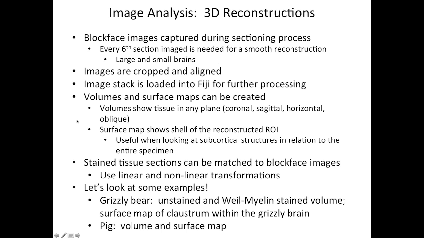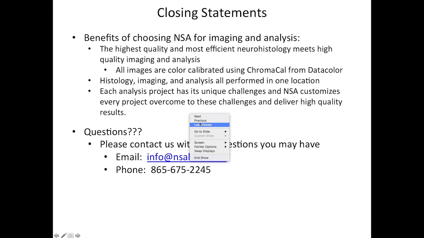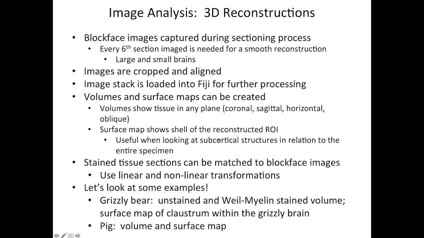Now, granted, this does require a very high frequency of stained slides to reveal a good reconstruction. Staining every 24th section or even every 12th section might not give you a very good reconstruction. So the frequency has to be even higher before you can get a good stained tissue reconstruction.